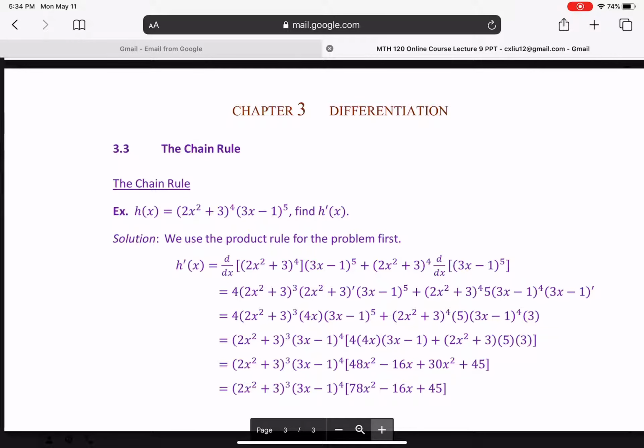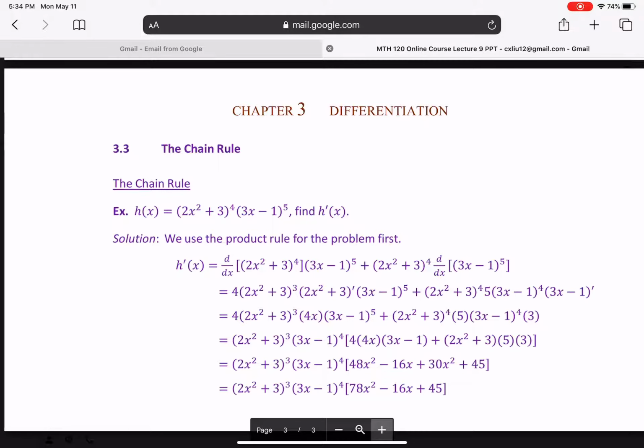So in those cases, it is especially important to remember the chain rule, because it is very easy to skip this rule when you do the problems. So in this problem, h of x equals 2x squared plus 3 to the 4th times 3x minus 1 to the 5th. And we need to find the h prime.